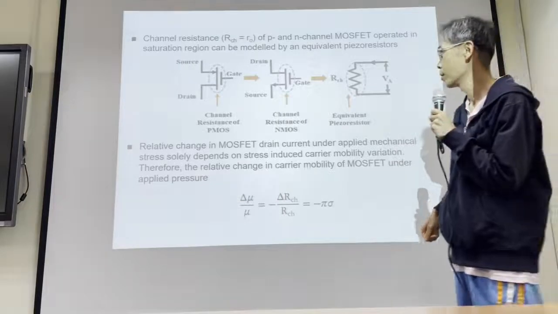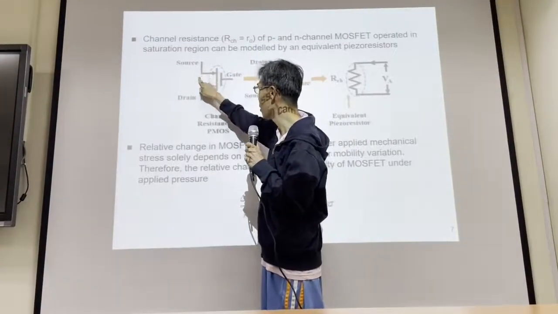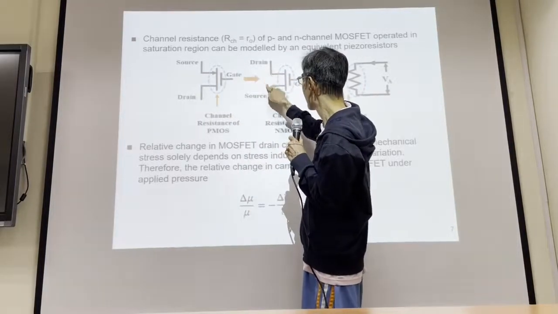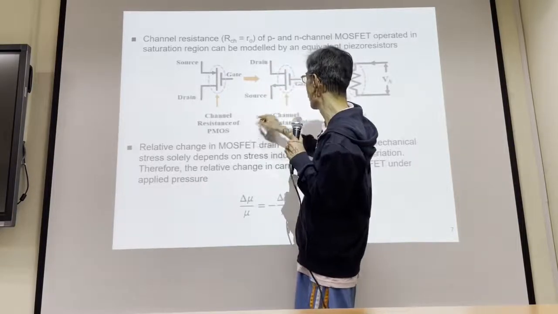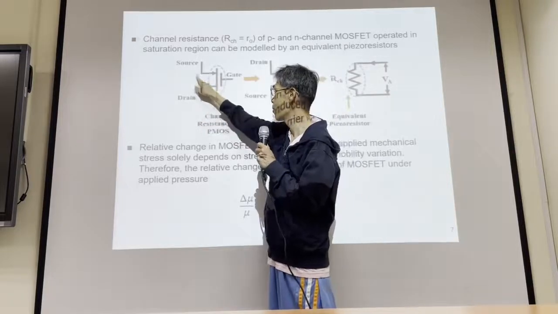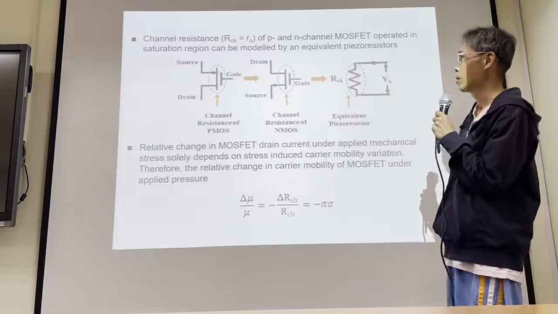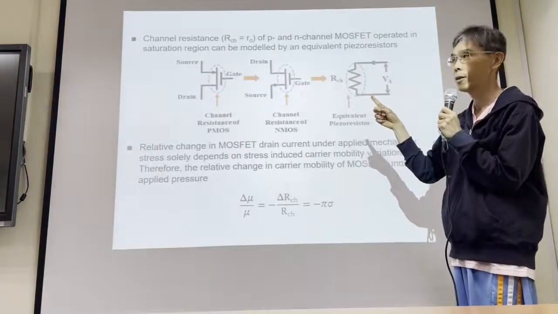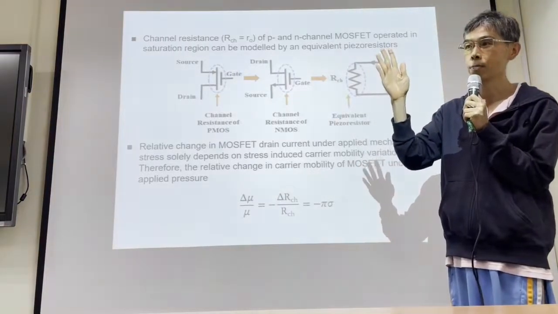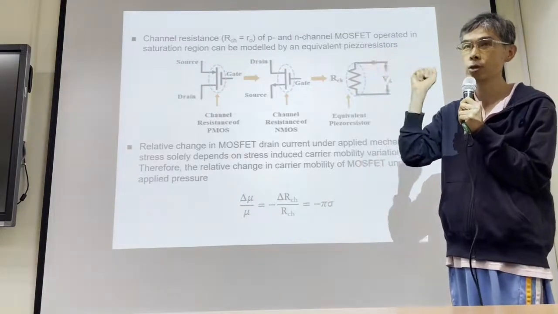Then, yeah, the channel resistance here between the drain and source. So this is NMOS, this is PMOS. So we have resistance R0. And in this case, because we mentioned R0 will be influenced by pressure, and pressure is stress.